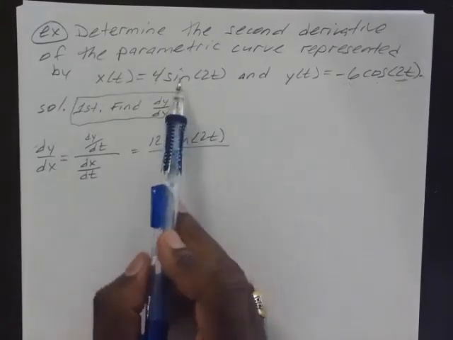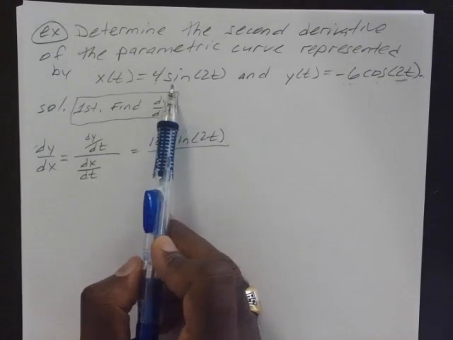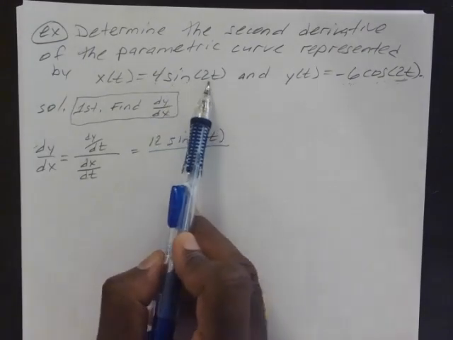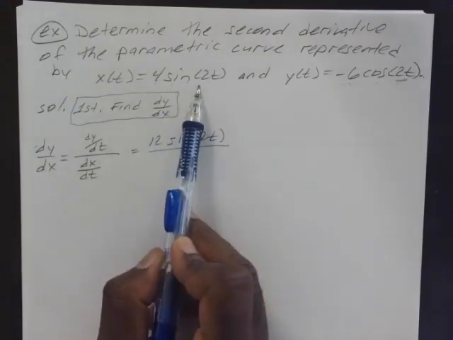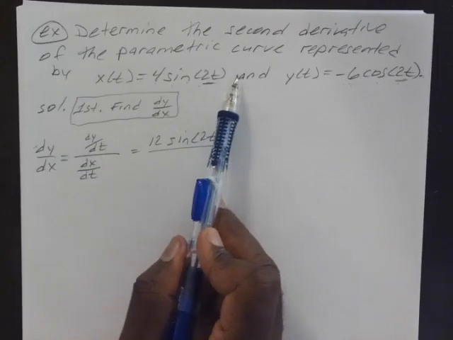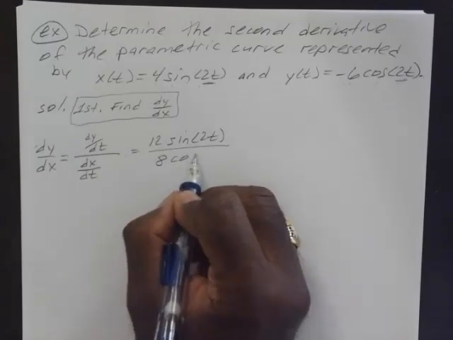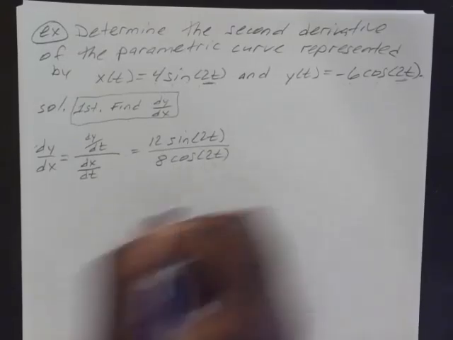Divided by the derivative of sine is cosine. So we know that the derivative of sine of 2t is cosine of 2t times the derivative of what's inside. So that's times 2. So that 2 times 4, that'll give us 8 times cosine of 2t.